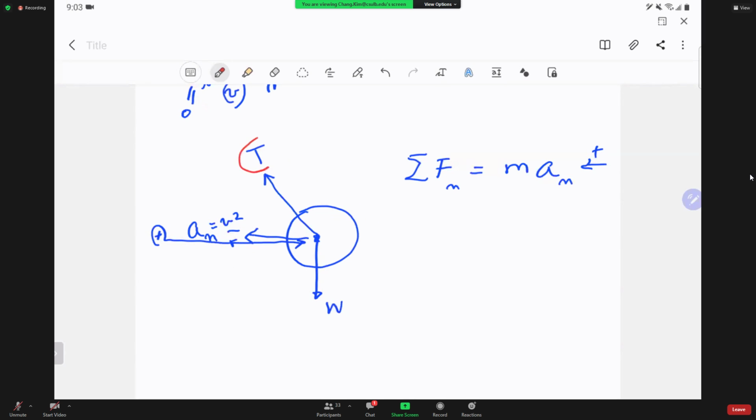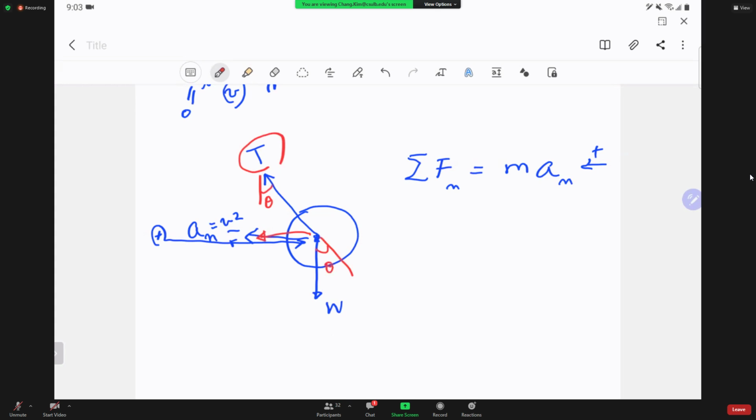So the tension in this case has components in the normal direction. Okay. So this is the theta direction, and that is theta.